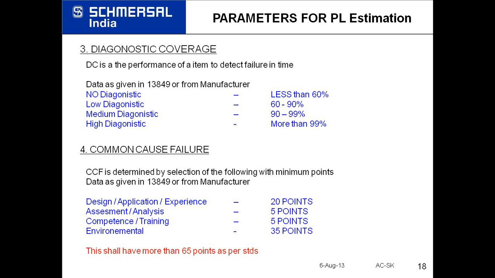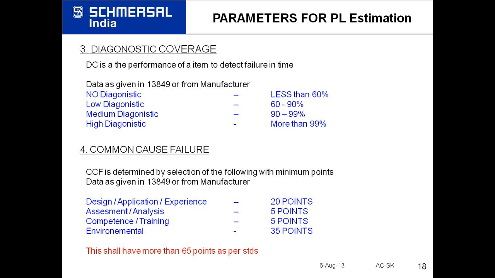These questions are like whether you have implemented the system so that there is no electromagnetic interference. If you say yes, you will get some points. If you say no, you will get 0 points.